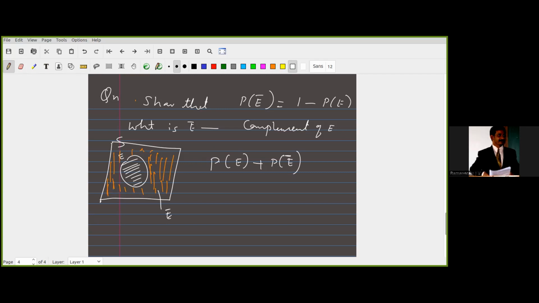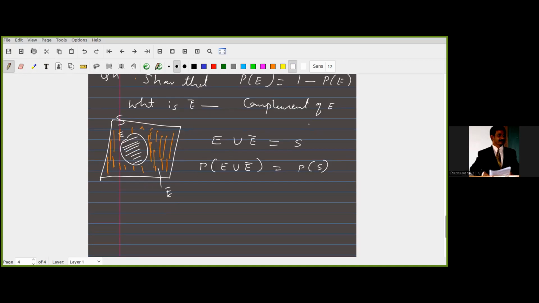So if you look at P of E and P of E bar, what we can do is: E union E bar is the whole of S. Therefore, P of E union E bar will be P of S. But by our earlier theorem, E and E bar are two sets such that they don't have anything in common.